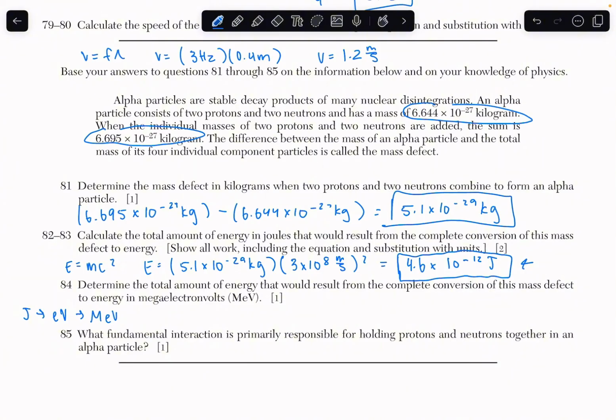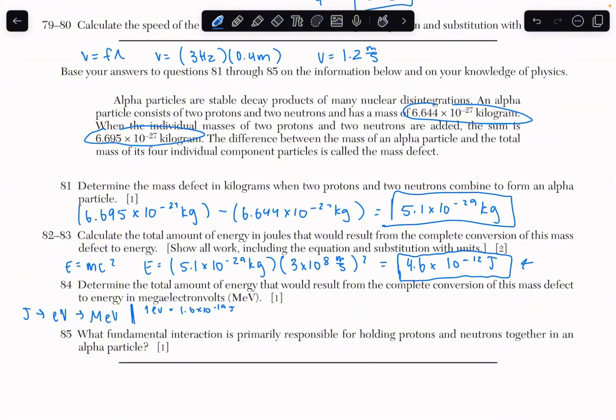If we look at the first page of our reference table, we can find all these conversions. 1 eV is equal to 1.6 times 10 to the negative 19th joules. So we have to divide our energy by this value to get the units to eV, because 1 eV is much smaller than 1 joule. So our value in eV will be much bigger.